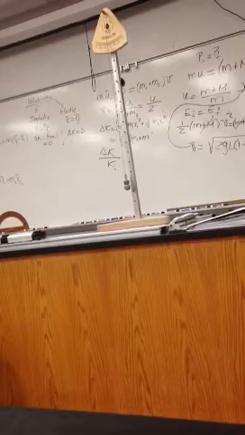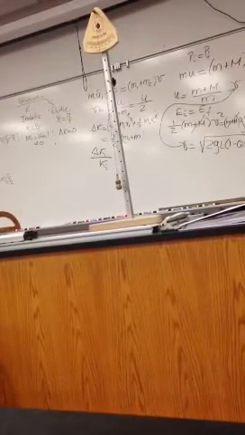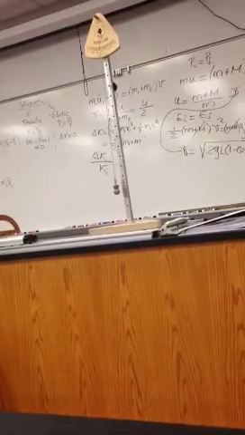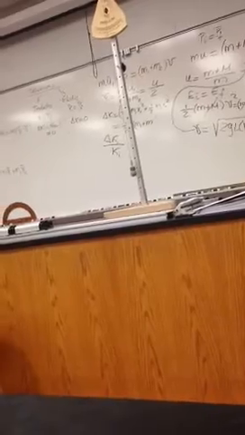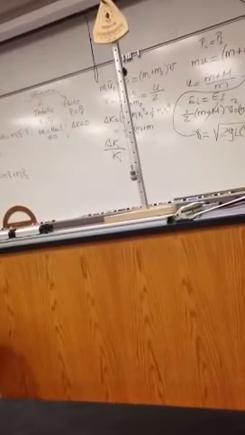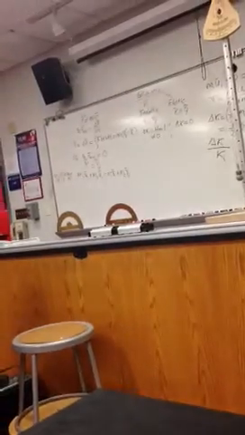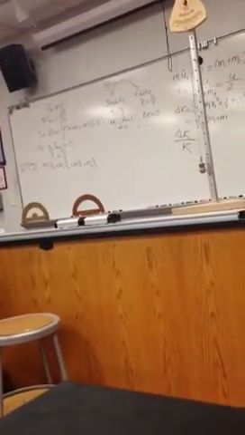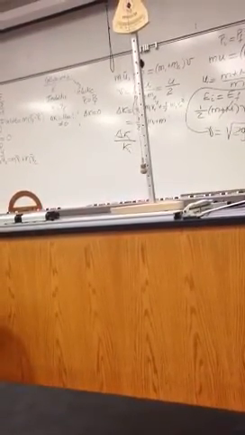How can we label it? m times V prime, or m times V. If you label U the V that they gave, you can label U and then you can label V. That's up to you. m of the bullet times V of the bullet, which is given. Given. Plus what? m of the block times V2.